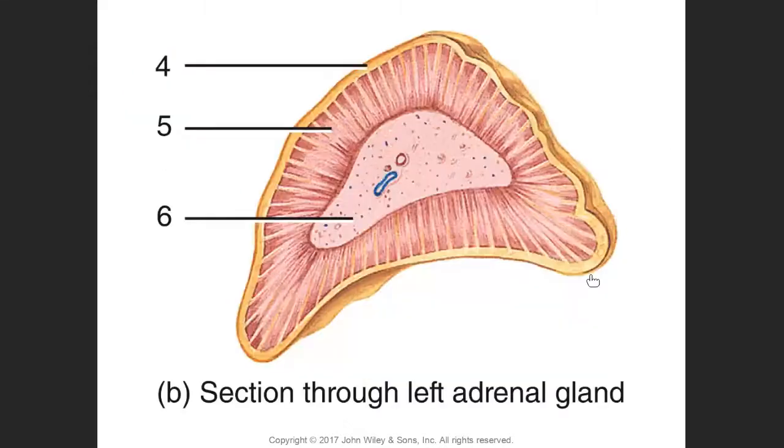And in this picture, you can see the section through the adrenal gland. You can see the cortex of the adrenal, which is number 5, and the medulla, which is number 6. And the adrenal gland is covered and protected by a capsule from outside. This is a capsule of connective tissue which covers our organ from outside.